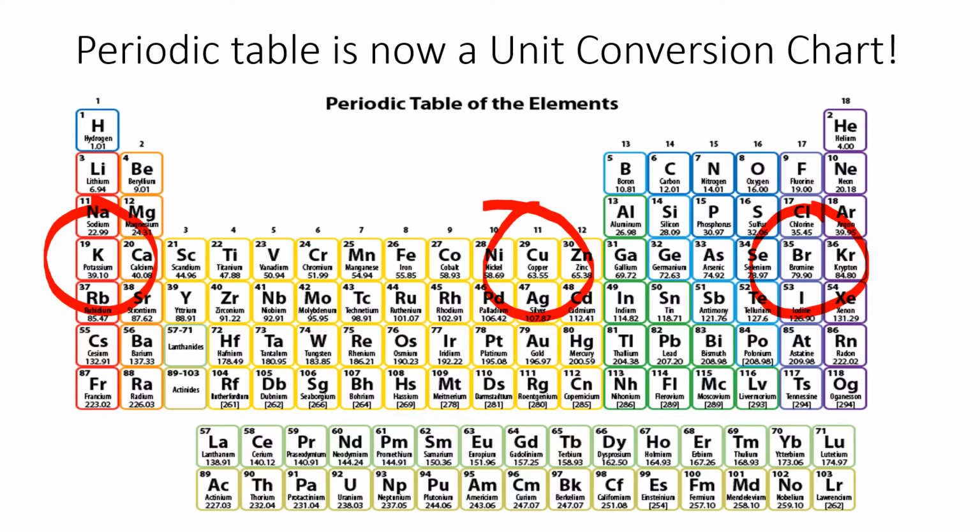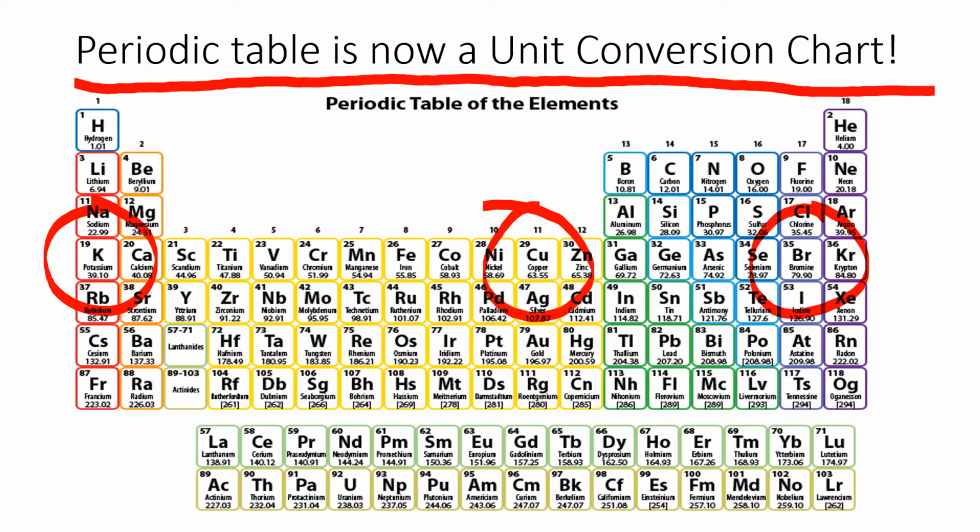And now the periodic table does more than just organize elements into groups with similar chemical properties. It now has an even more useful role. Now, the periodic table is a gigantic unit conversion chart that you always have access to.